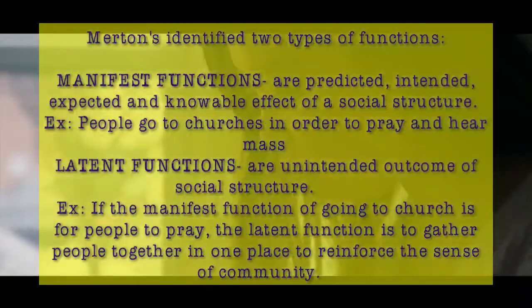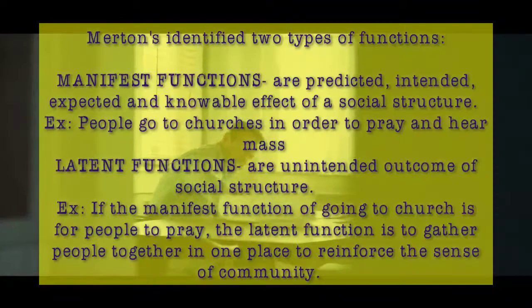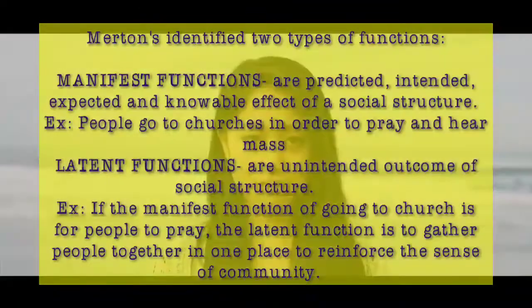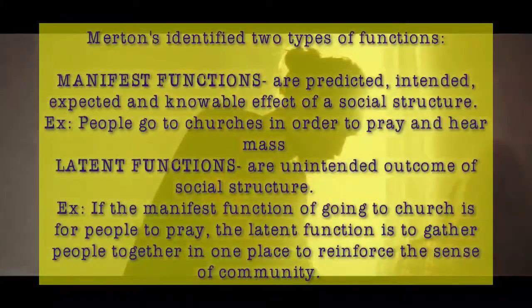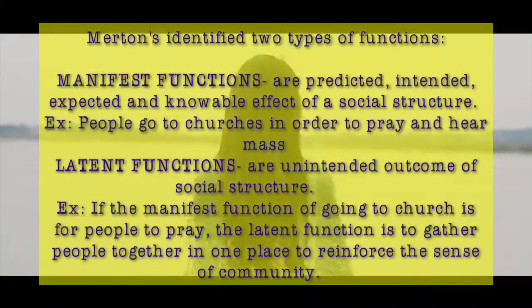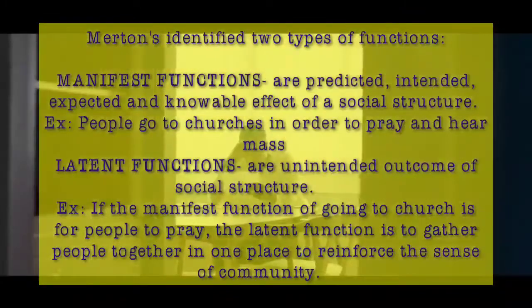These are unintended outcomes of a social structure. For example, if the manifest function of going to church is for people to pray, the latent function is to gather people together in one place to reinforce the sense of community.